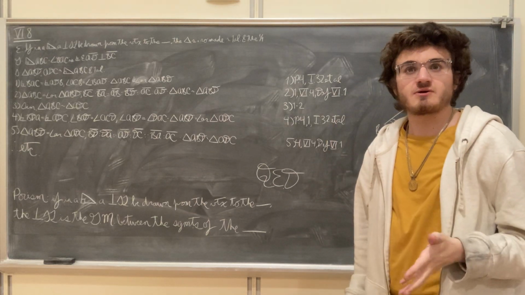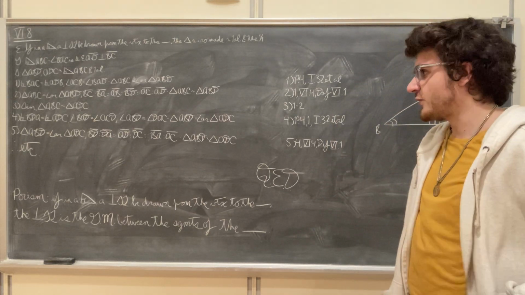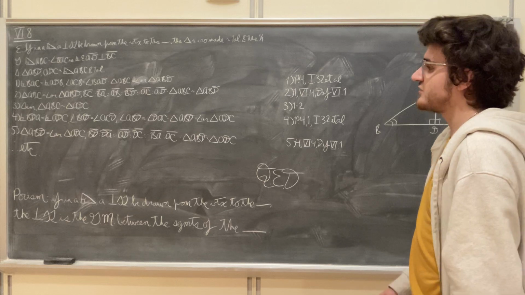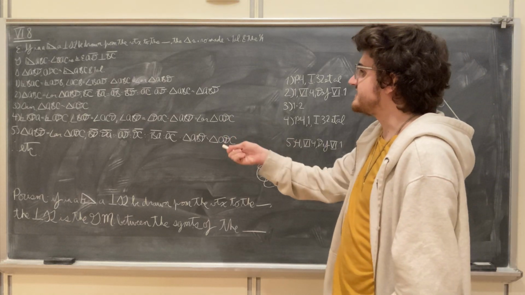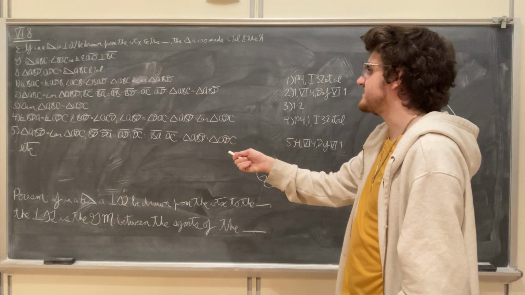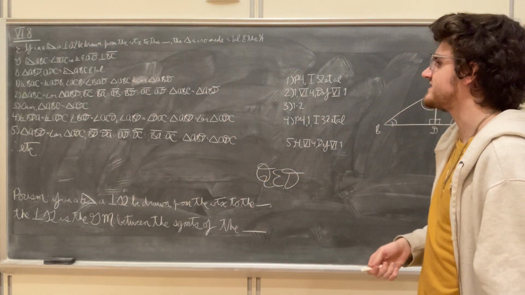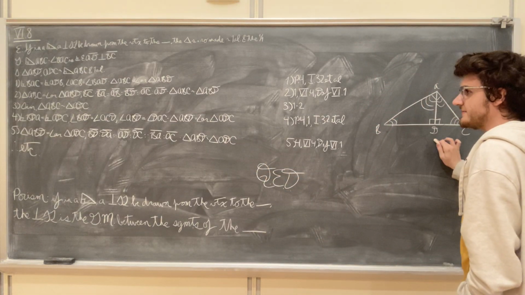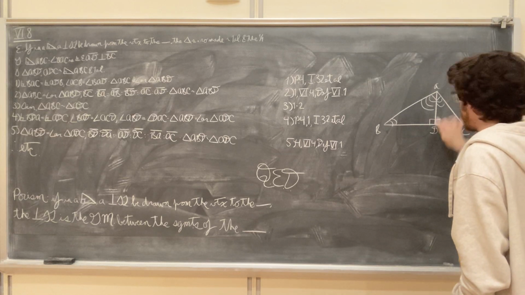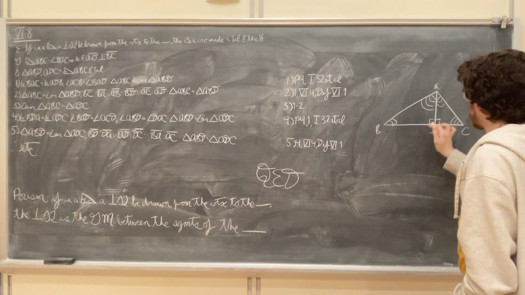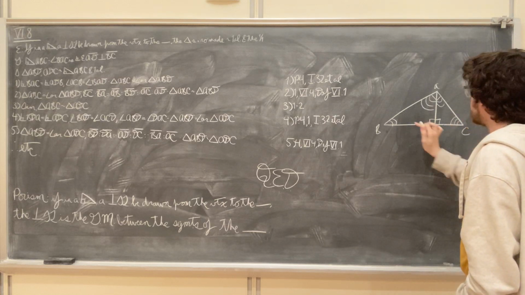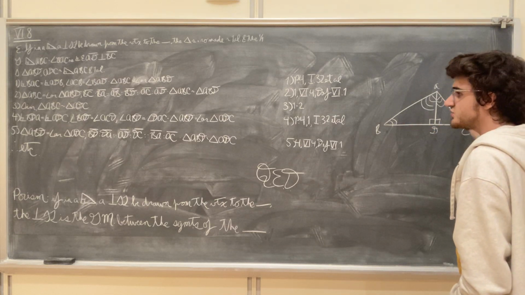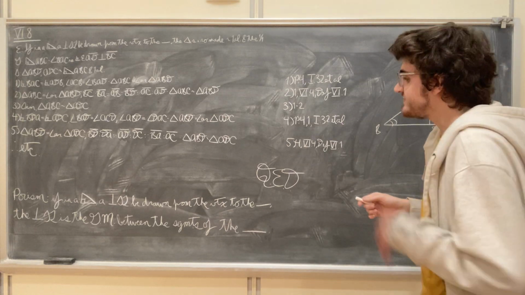Now, of course, being equiangular, by proposition 6.4, we know that the sides about the equal angles are also going to be proportional, which means that BD is to DA, just as AD is to DC, and just as BA is to AC.